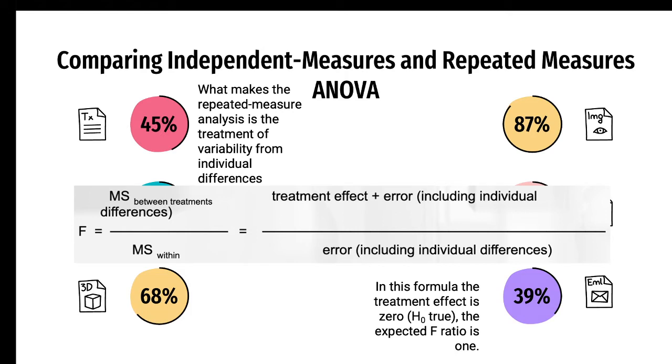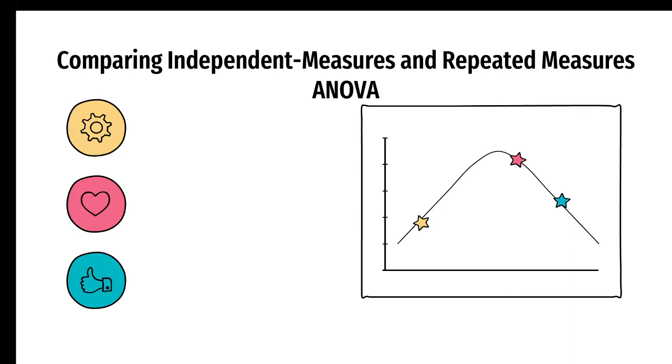So the mean square is between the treatments, and then the mean square is within the treatment. So we can say the treatment effect, we're going to add it with the error, including individual differences, and we're going to divide it by the error, including individual differences.